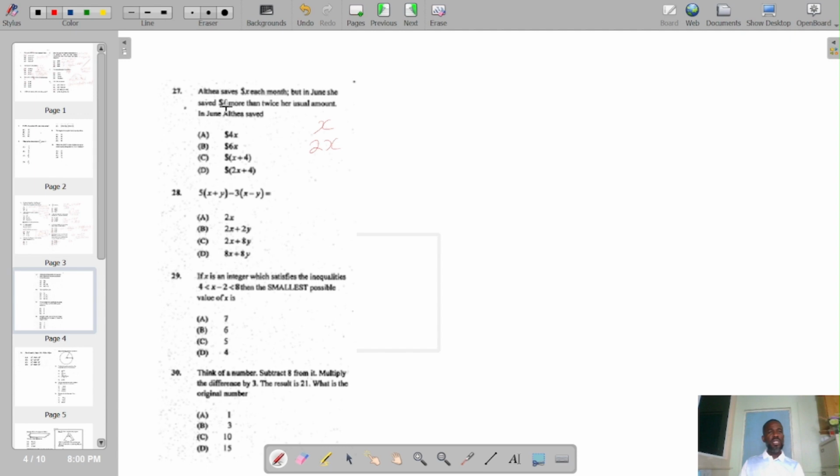Grouping like terms, we get 5x minus 3x plus 5y plus 3y. 5x minus 3x will give us 2x, and 5y plus 3y will give us 8y. Our answer here is C.